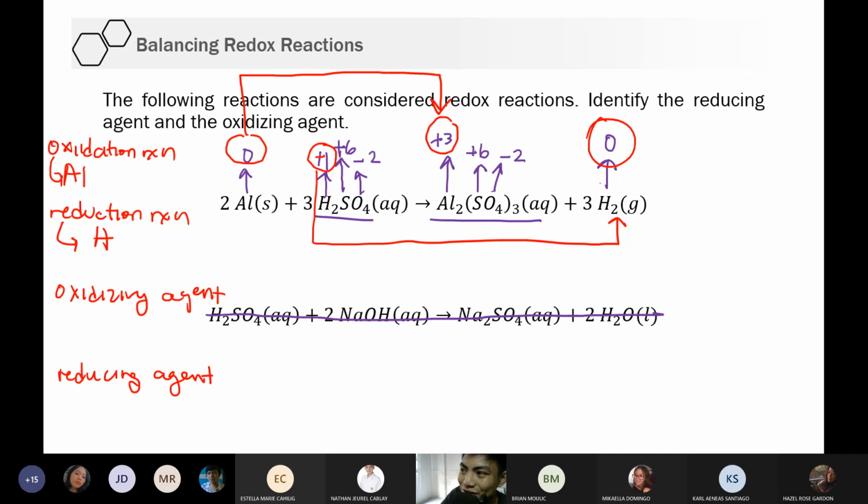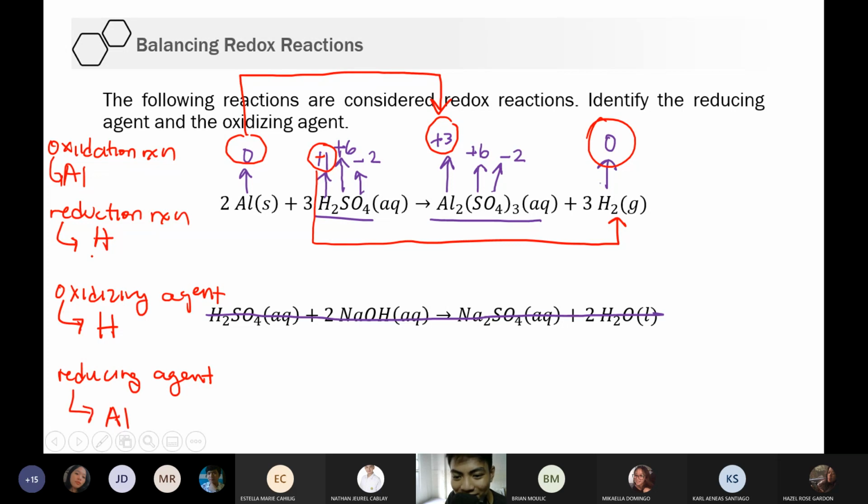Okay? So, hydrogen underwent reduction reaction, ibig sabihin siya yung oxidizing agent. Yes, you are correct. And aluminum, since it underwent oxidation reaction, tawag din sa kanya ay reducing agent.